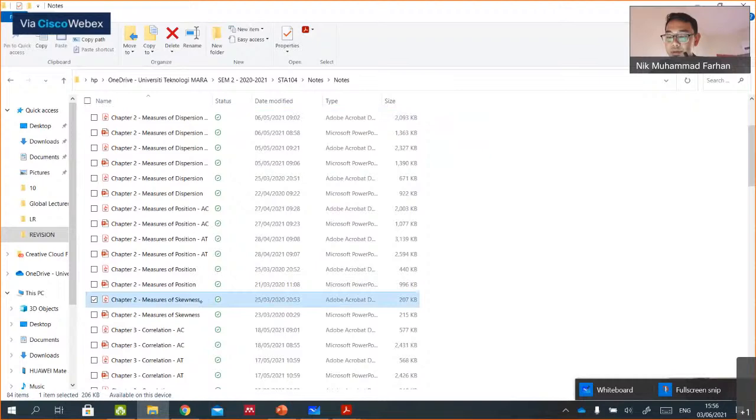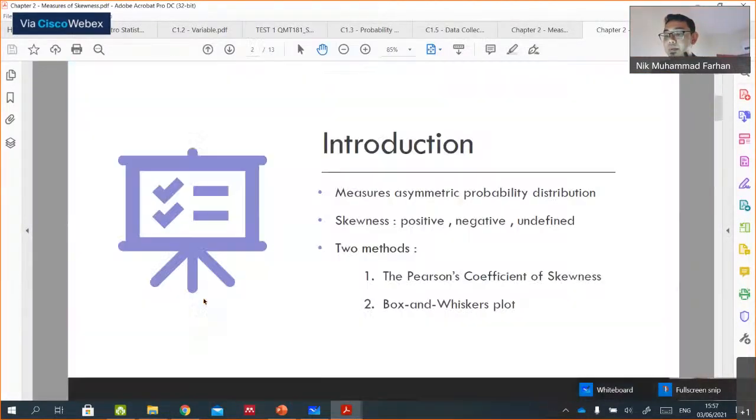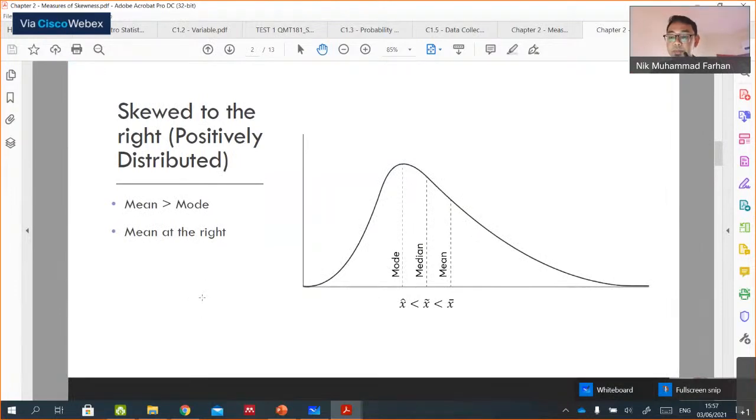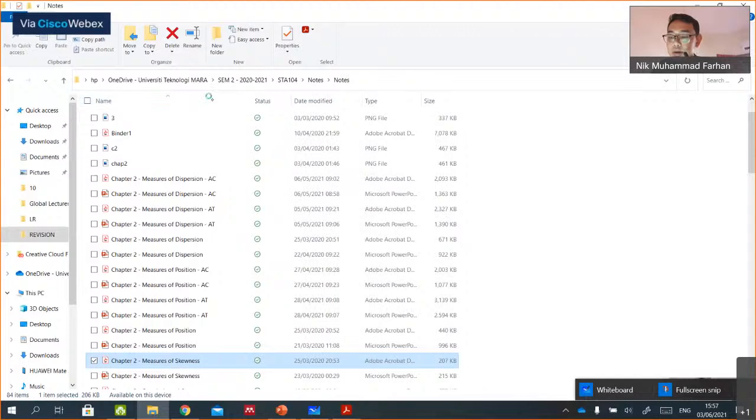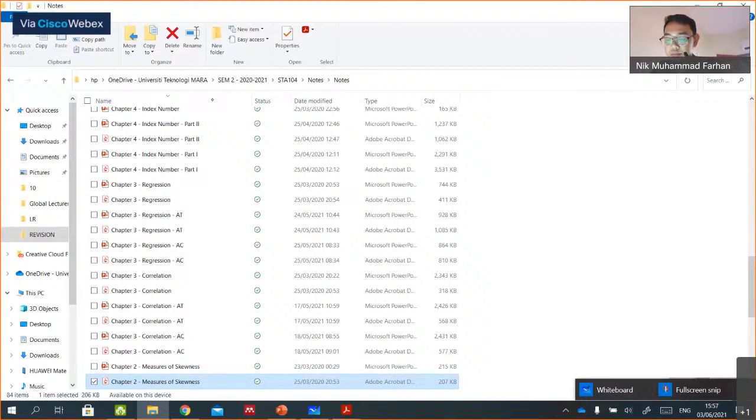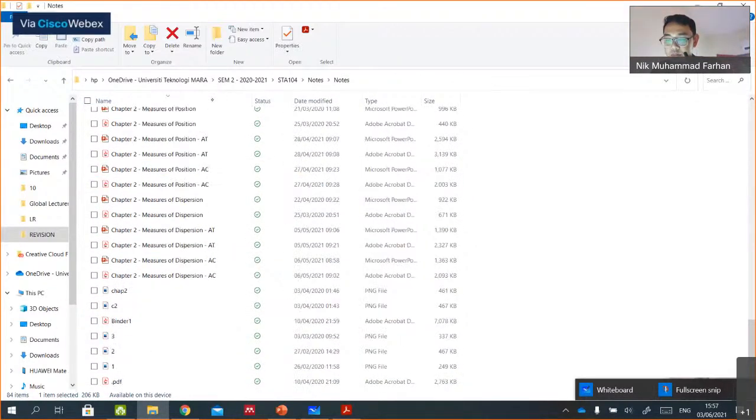Measures of skewness kot. Kita tengok. Bukan. Measures of dispersion, tapi mungkin dalam dua bahagian kot. Bawah sikit, sorry.